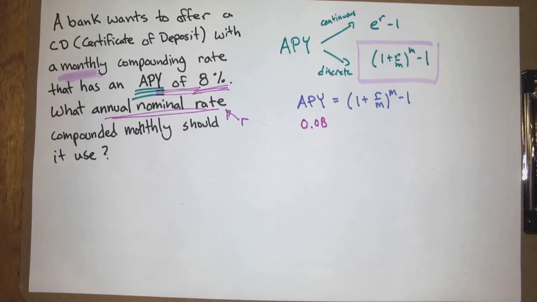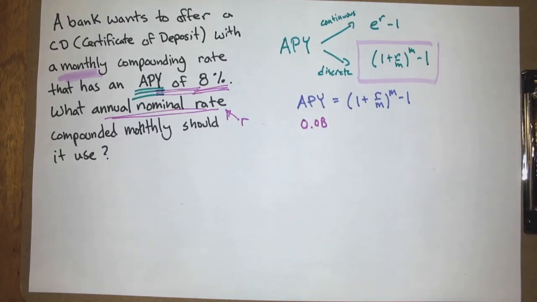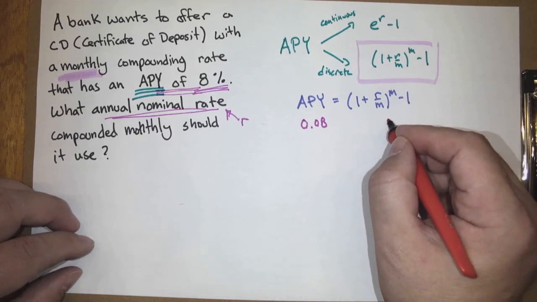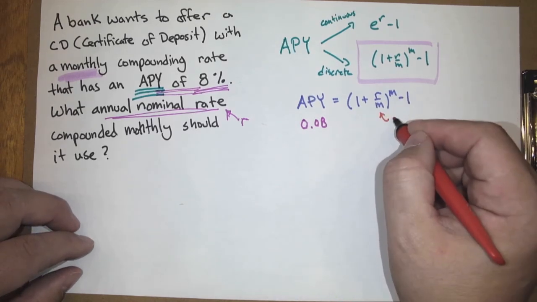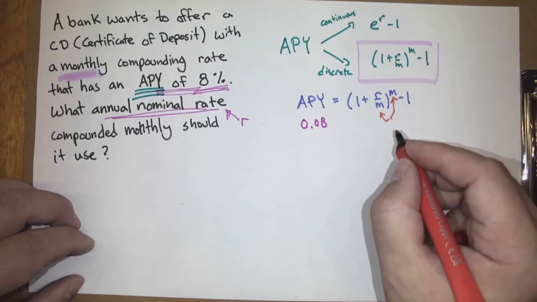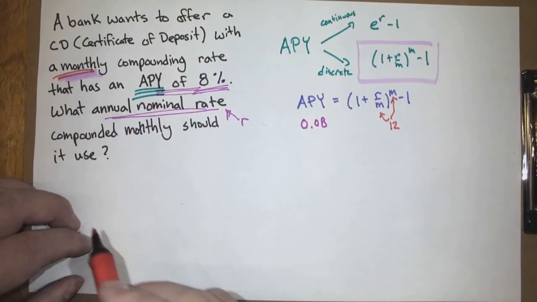Do we know one of these other symbols, I guess I should ask? m. What is m? And how do we know it? m is 12 because it's monthly.